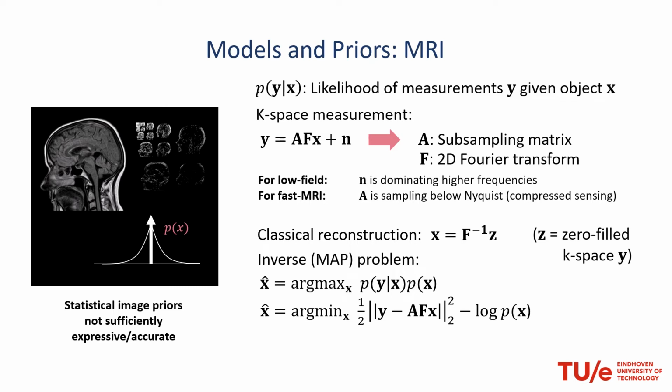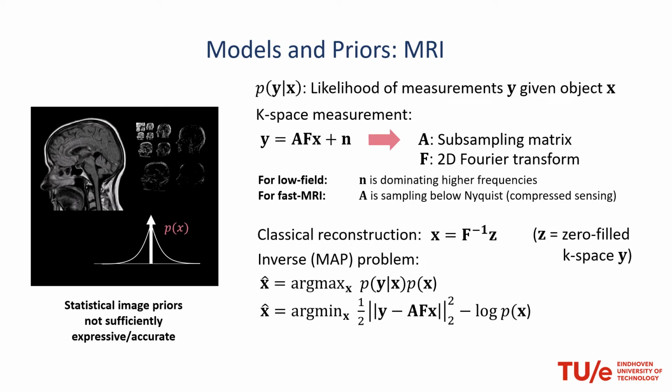You try to maximize the probability of y given x times p of x, which is maximizing the probability of x given y, and you can formulate that as the following minimization problem under some conditions, namely that the likelihood model p of y given x is a Gaussian measurement model, right?